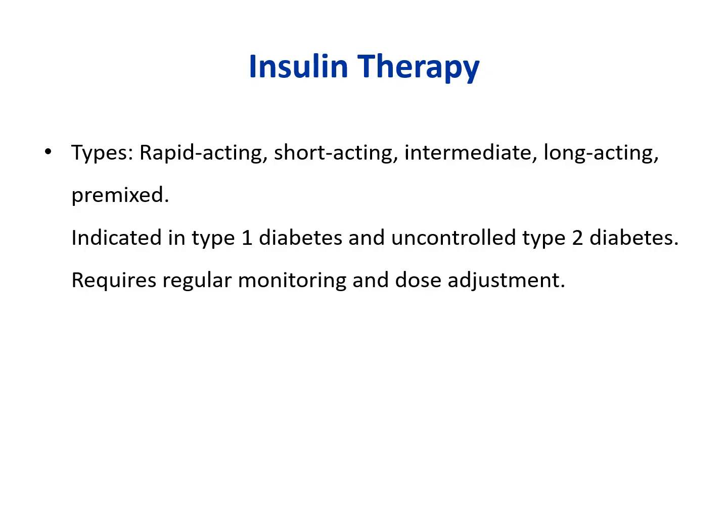Here what happens is that different types of insulin therapy are given, which can be rapid, short acting, intermediate, long acting or premixed, according to the patient's complaints, the patient's disease, and what the patient is suffering with. But if this treatment is given, it should be monitored regularly, and as per the response of the patient, the dose needs to be adjusted.